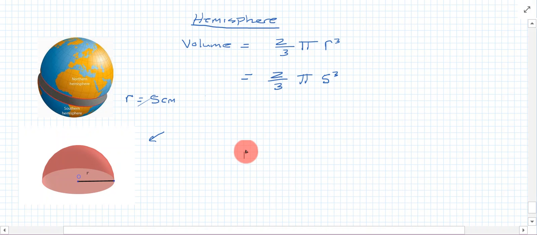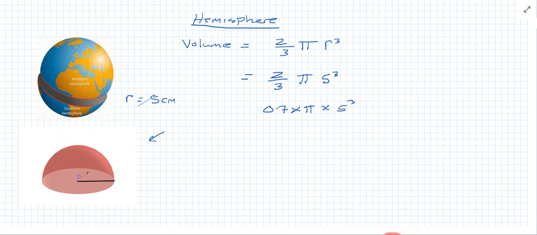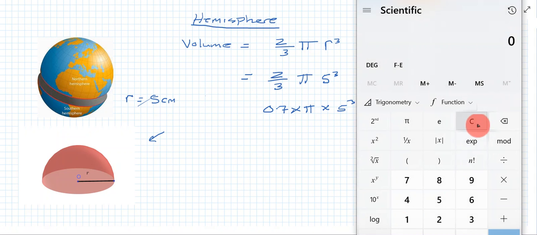We'll just round it up to 0.7. So this is 0.7 multiplied by pi multiplied by 5 to the power of 3. 5 to the power of 3 is 5 multiplied by 5 multiplied by 5, which is equal to 125.